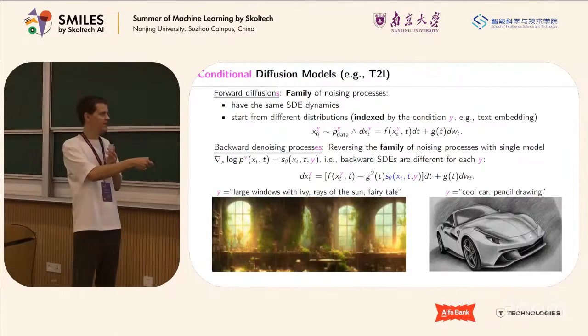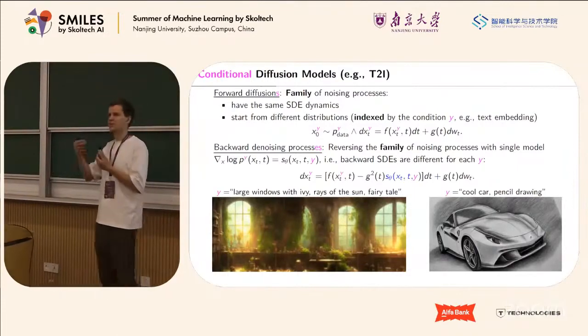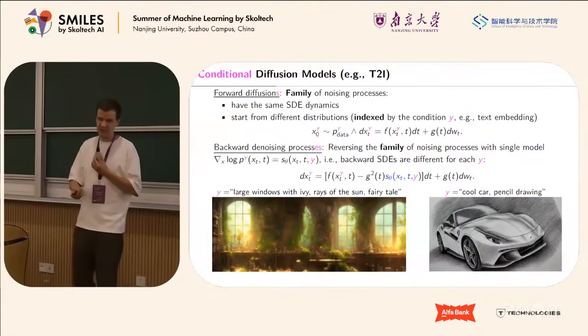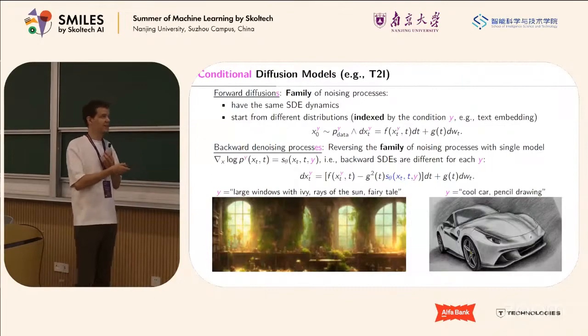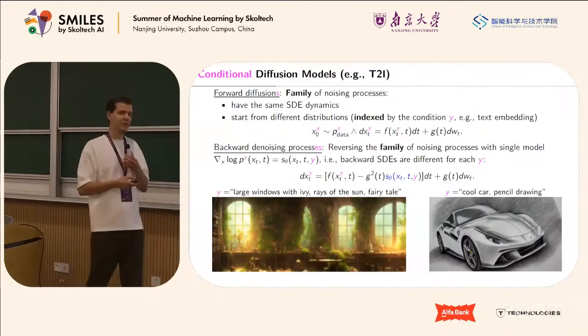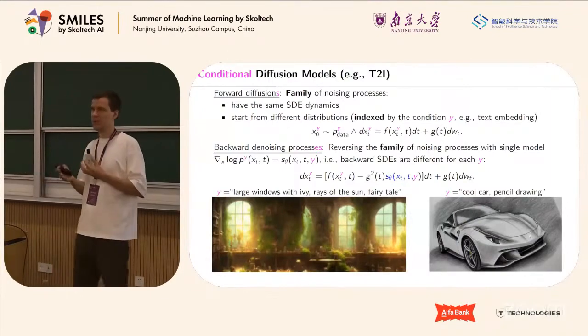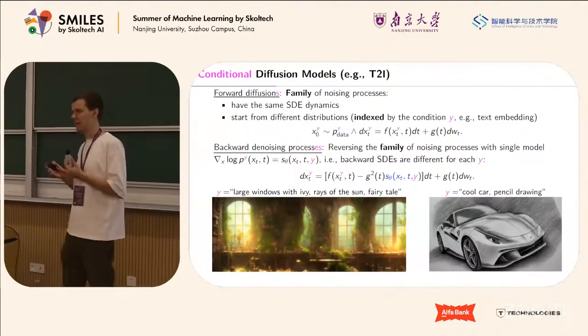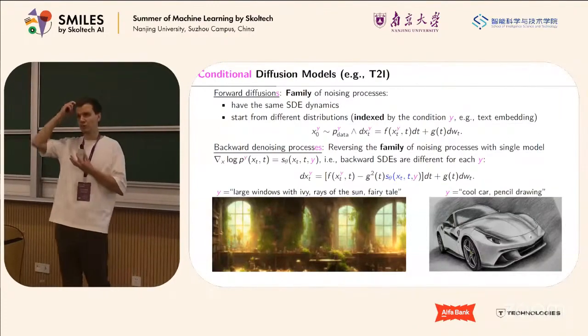So depending on which condition you put into your model, which text prompt, this will result in a different generation corresponding to this condition. Roughly speaking, you train a lot of denoising processes for different conditions simultaneously, and then at the generation stage you just use the one which corresponds to the condition which you input to your model.